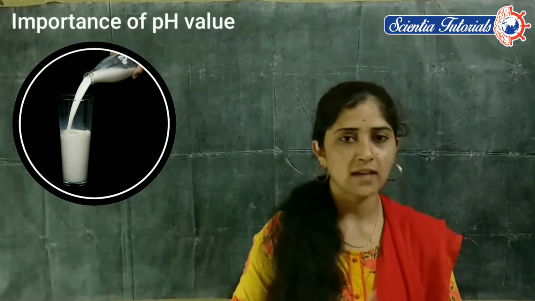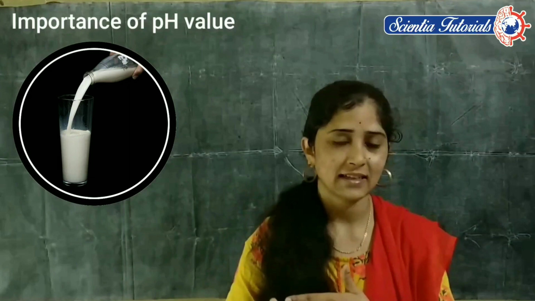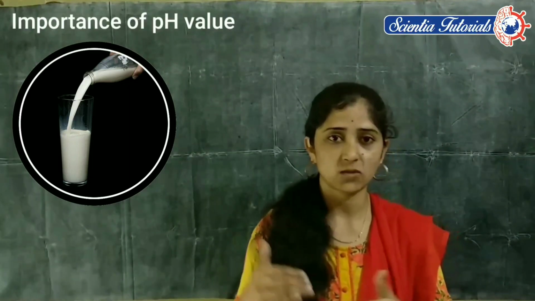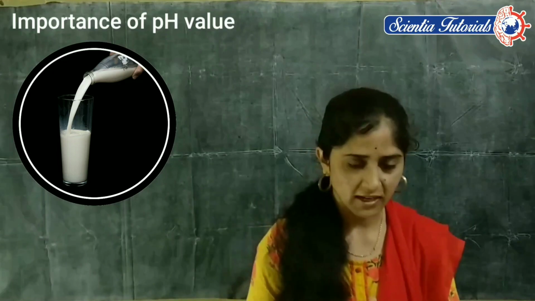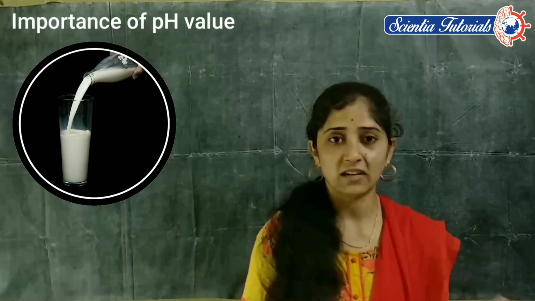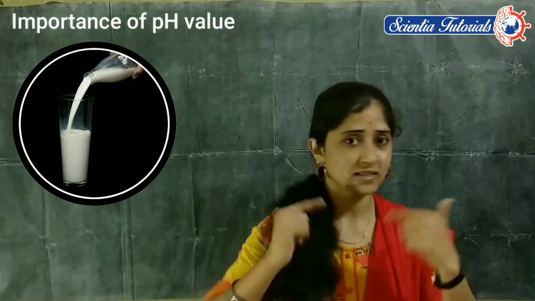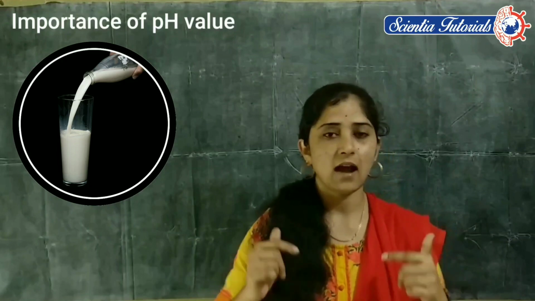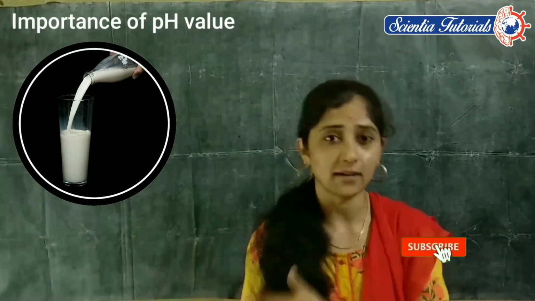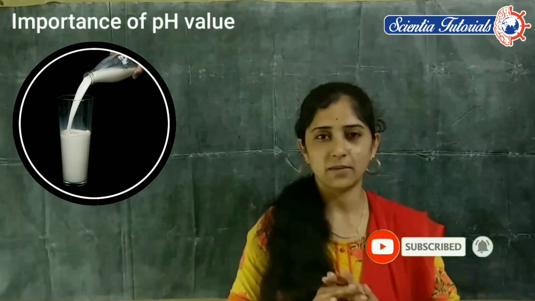Otherwise, if he does not add the baking soda to the fresh milk, the lactose present in the milk will change into lactic acid, which is curd, and the milk will go off and be wasted.